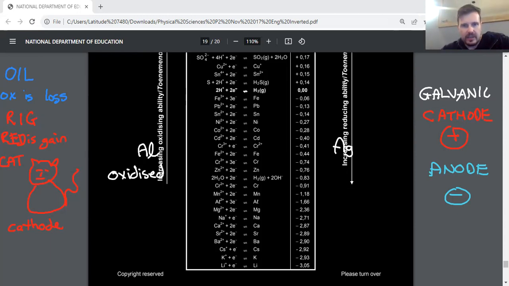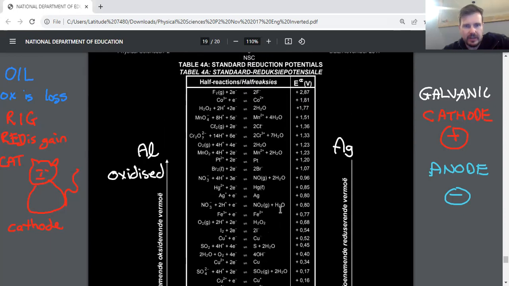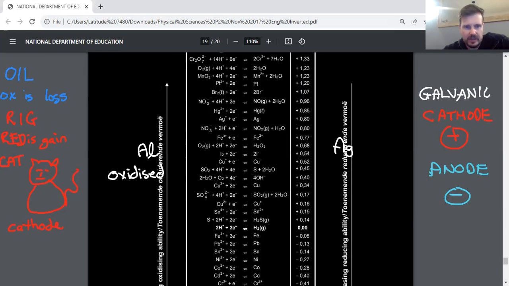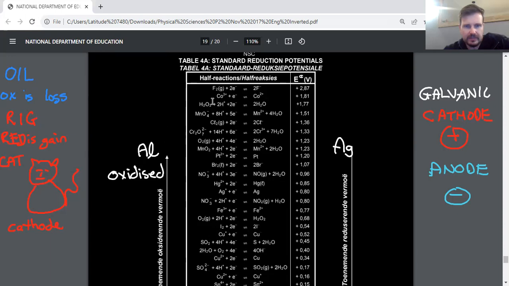Okay, and if we understood better the thing at the top, we remember that fluorine is always reduced, right? It always gains electrons. We can see that F2 plus 2 electrons goes to F minus, so it's gaining electrons. Does that make sense?